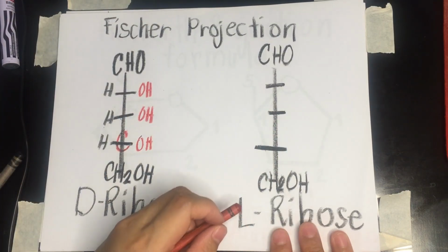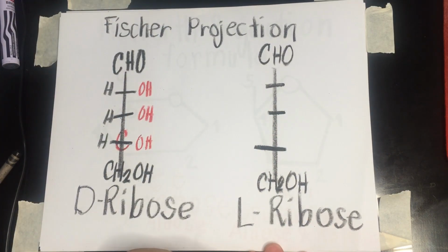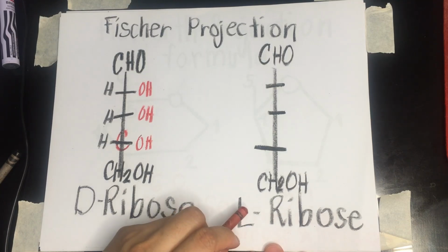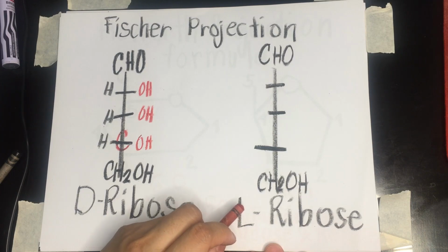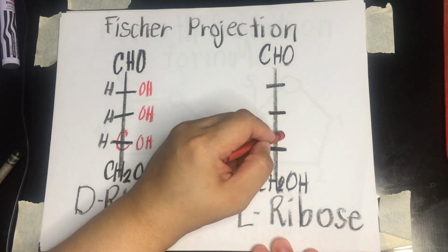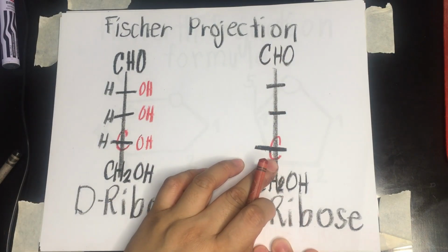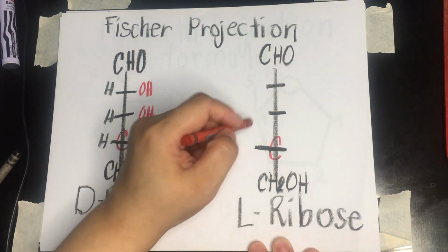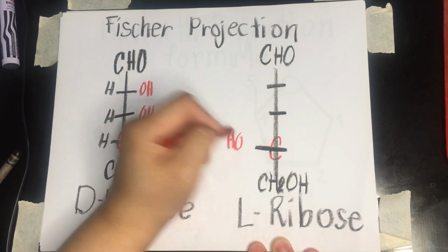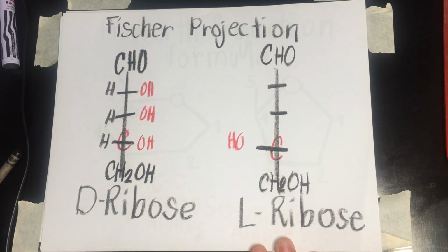Next, we have to keep in mind that the highest chiral center will be the one to contain the hydroxyl group that consists of the L configuration. So in this case, we have 1, 2, 3, 4. Carbon number 4 in the L notation means that it is located on the left side.